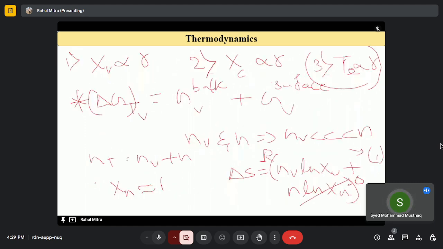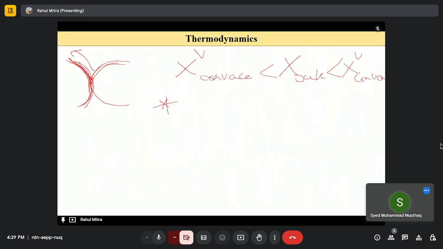So again, if I assume this is my nanoparticle and it starts melting, suppose it forms a very thin layer around it, very thin when compared to the radius R.